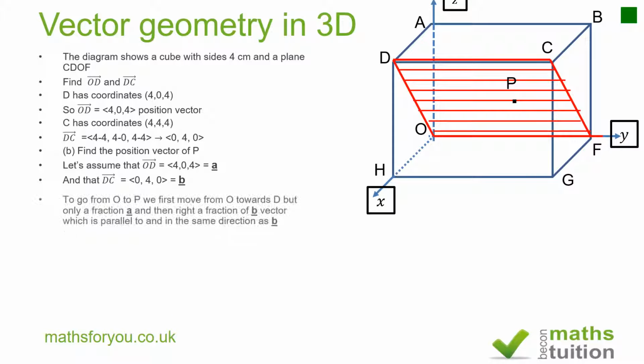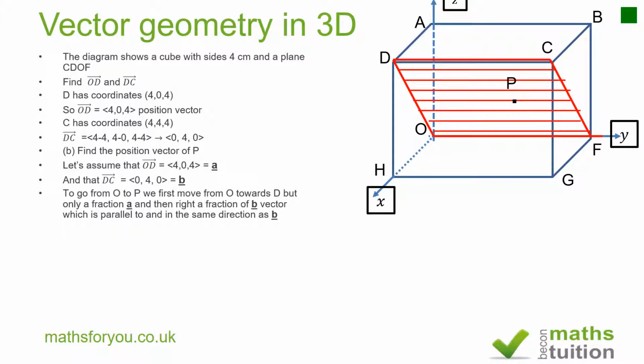We want to get from O to P, but we do not know the coordinates of P. So we need to go to P via what we already know. We know the value of vector OD and we know the value of vector DC. So we're going via this one as shown here, and then parallel to vector DC.